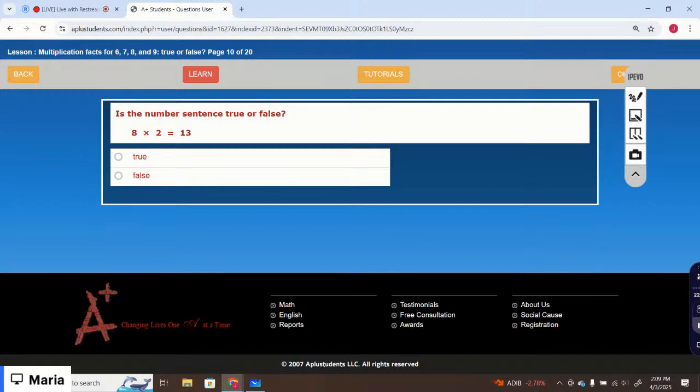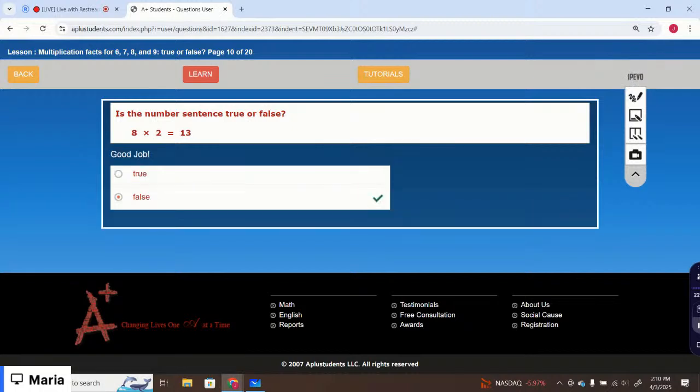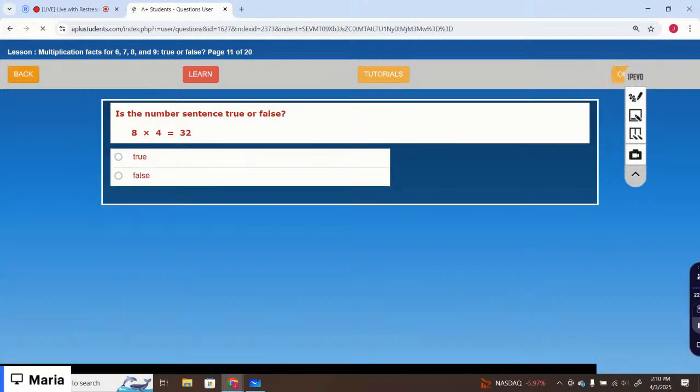Is the number sentence true or false? 8 times 2 equals 13. False it is. Okay, you can complete the lesson by yourself. Let me just move on to the next lesson.